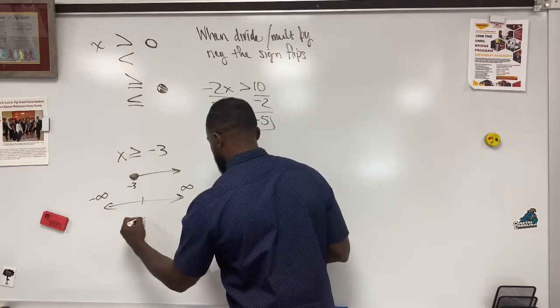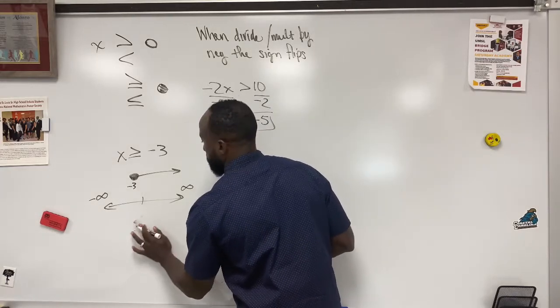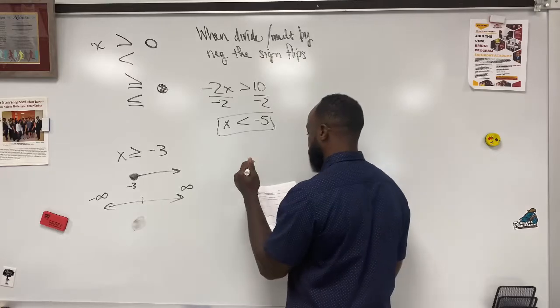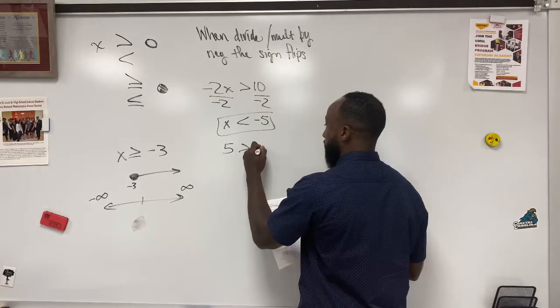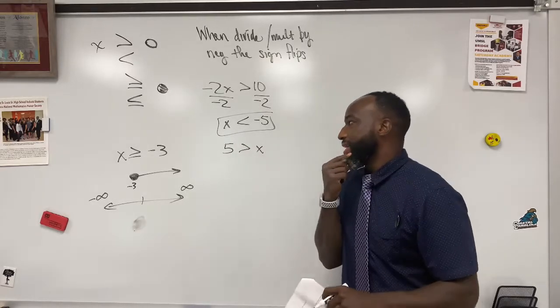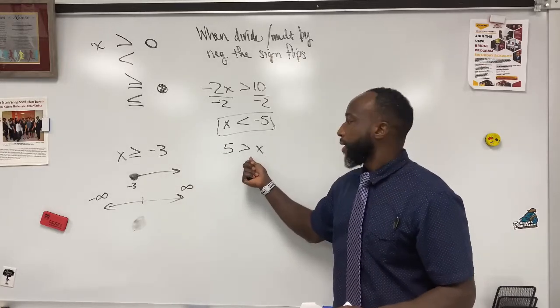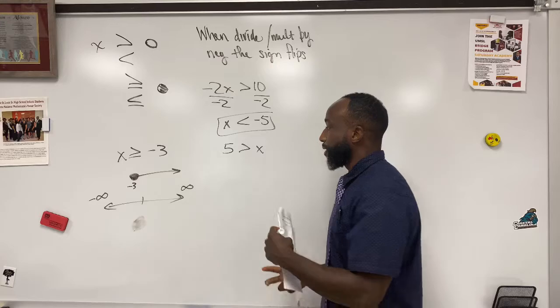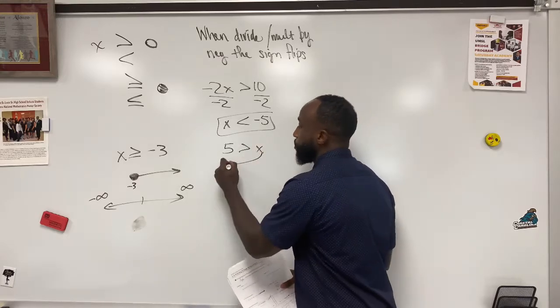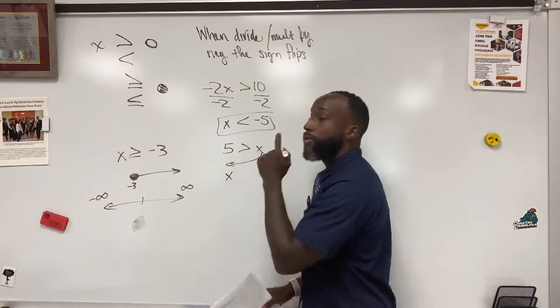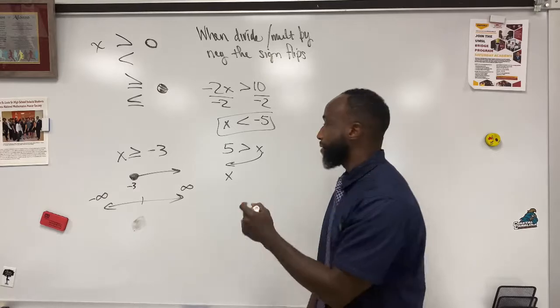Let's look at this example: 5 is greater than x. This is not quite the same, and what I would advise you to do is to flip it. Move the x to the left side, and when you move the x to the left side, the sign has to flip as well.